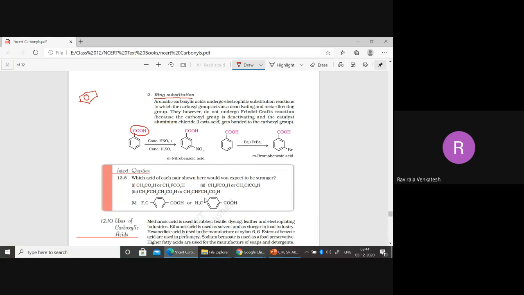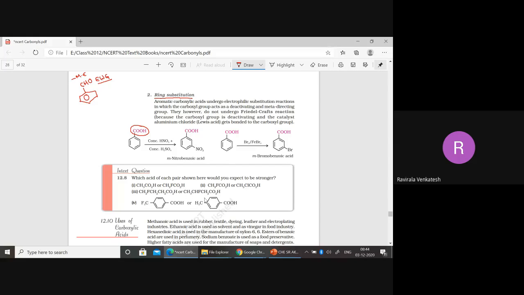If you recollect that, it will be easy for you now. CHO: I told you which type of group it is? Electron withdrawing group. Minus mesomeric effect group. It will withdraw electrons.